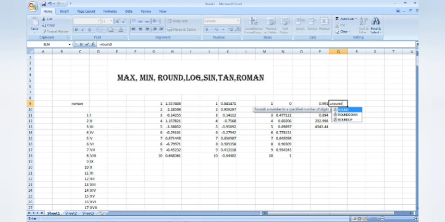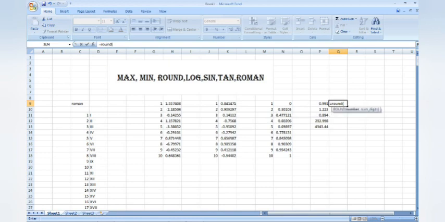Now we have three types of round: to round a number to the nearest number, and to round up a number away from 0, that is by decimal point. Now for instance, for this 0.991, we can round it up to 1.